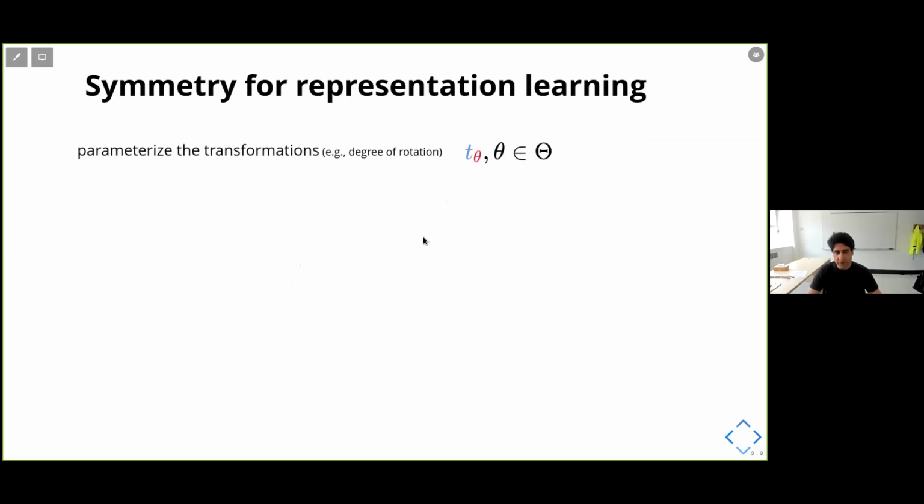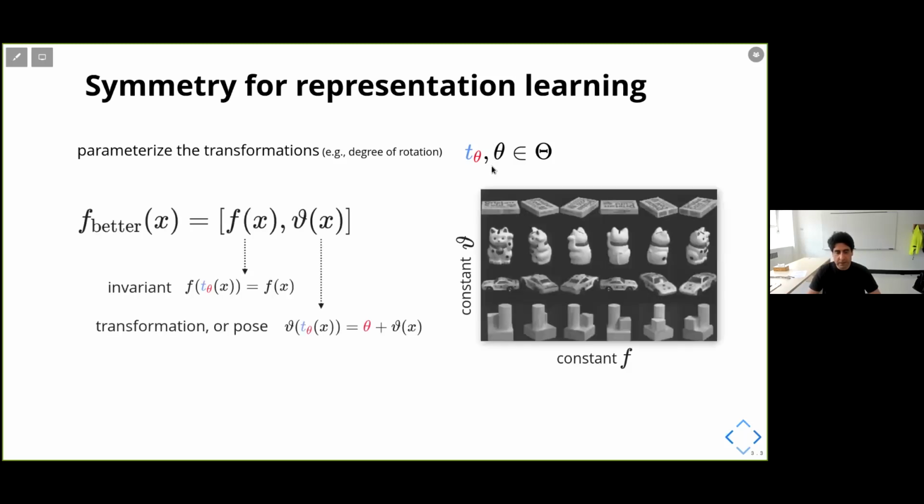One way to do better is to parameterize these transformations, for example, using a set of parameters theta. Then this better representation has an invariant part like we had before, but it also has a second part that encodes information about the transformation or pose of the data. You see an example here.